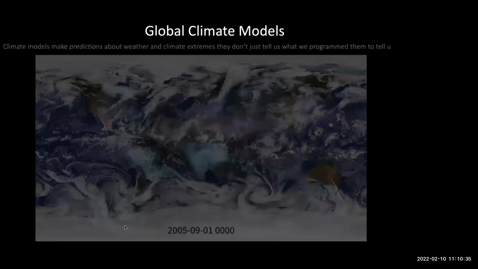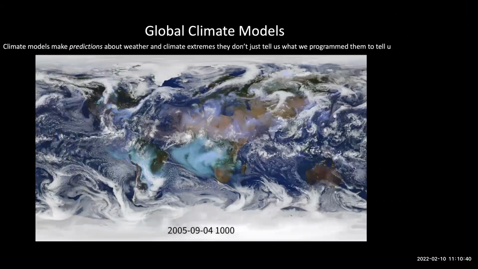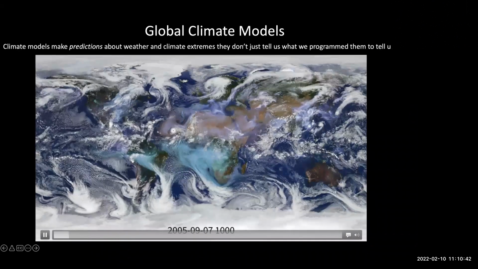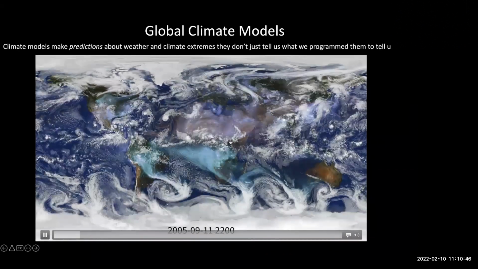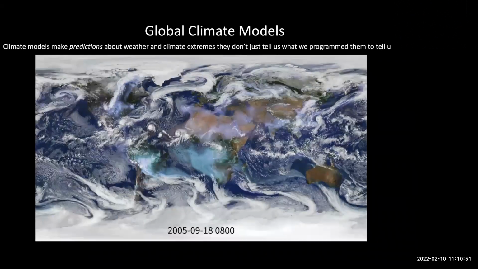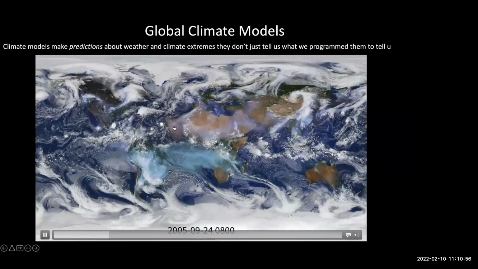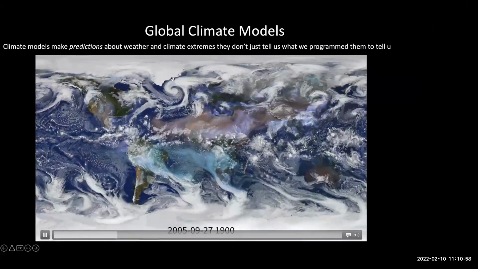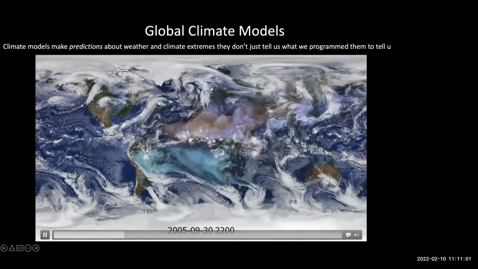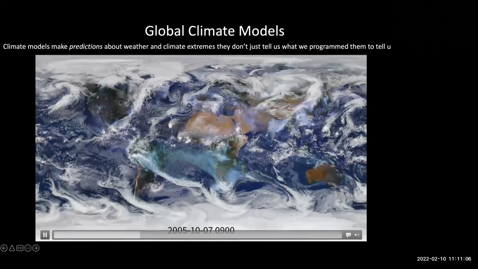So this is output from a climate model, where you can see the whole world, and you can see the sun going across. You can tell the time scale here is days passing every second or so. And then all these clouds and these hurricanes that are spontaneously being generated, and these mid-latitude cyclones up here, are not programmed into the model.